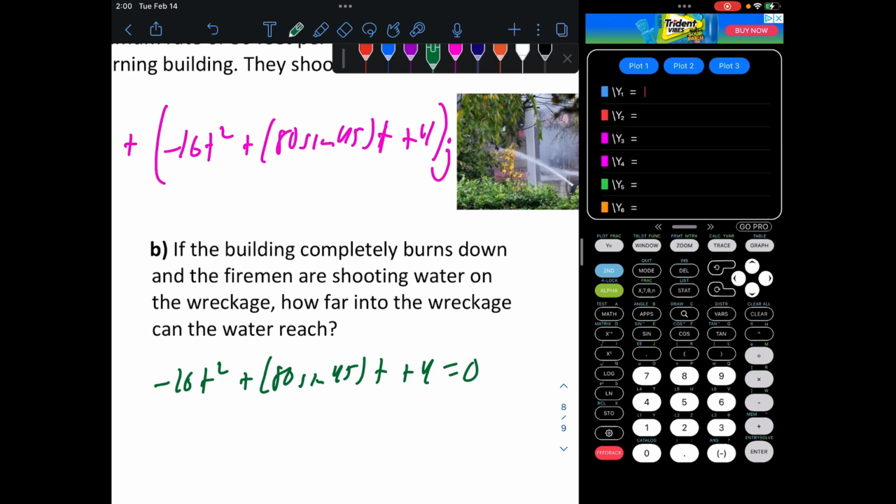I'm going to use the graphing capabilities to do that. It's negative 16t squared plus 4 plus 80 sine 45. Actually, let's just make it easier on ourselves. Sine 45 is root 2 over 2, so that'd be 40 root 2 x.